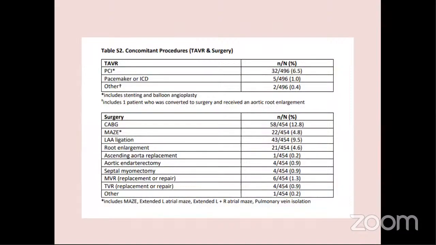The concomitant procedures we talked about: PCI or pacemaker in the TAVR group. In the surgery group, most of the patients had CABG, maze in 22, LAA ligation and root enlargement. One patient had an ascending aortic replacement, and 6 had mitral replacement or repair.